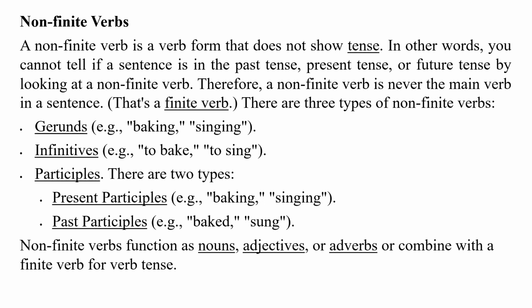Participles, there are two types: present participles, example, baking, singing. Past participles, example, baked, sung. Non-finite verbs function as nouns, adjectives, or adverbs, or combine with a finite verb for verb tense.